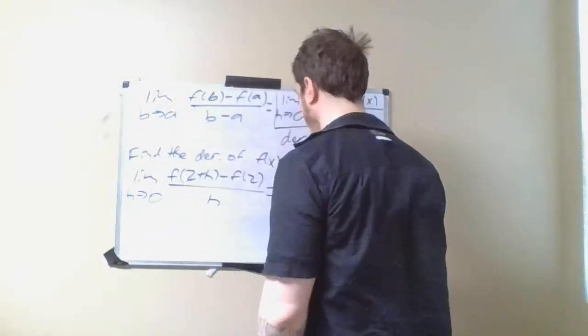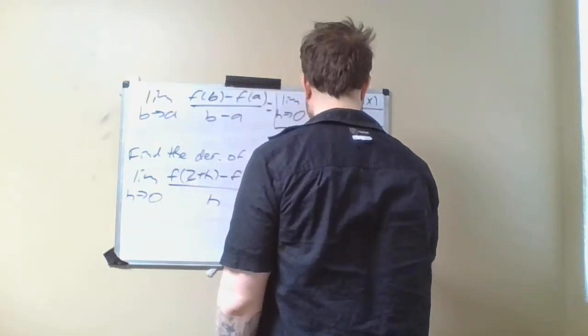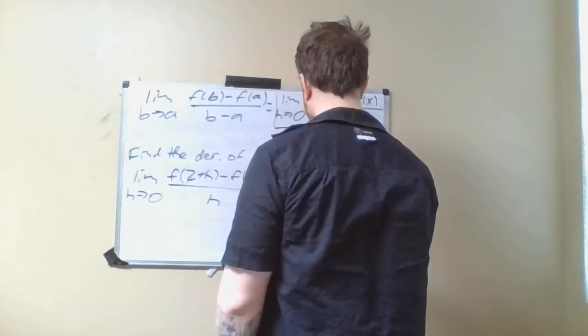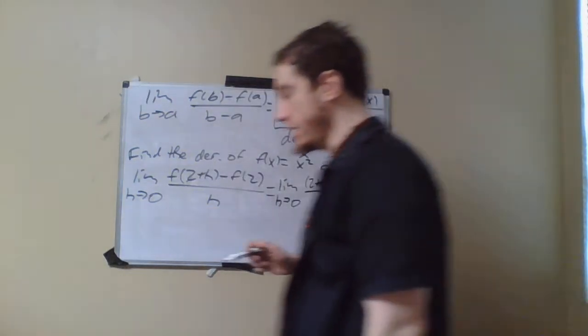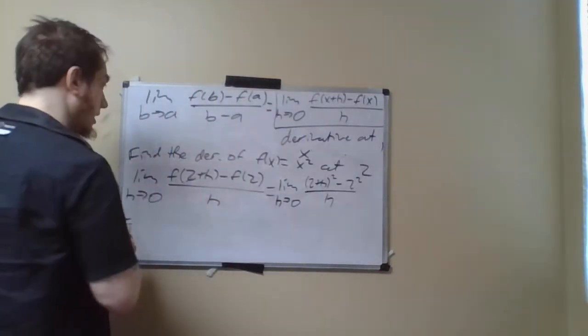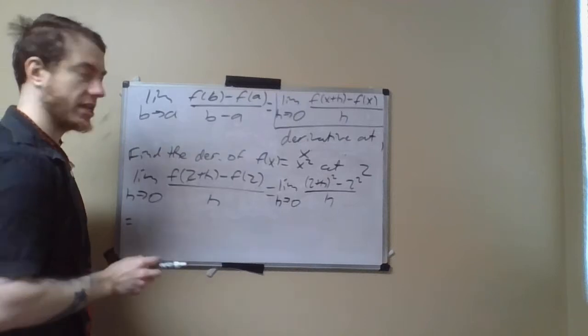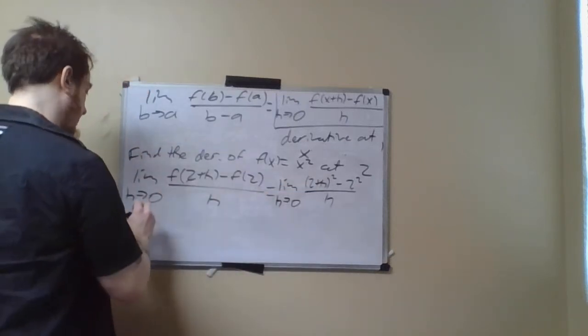Limit as h goes to 0, then we're going to have (2 plus h) squared minus 2 squared, all divided by h. Okay, now we have to simplify this out. Now here's where things are going to get not super messy, but they might get a little long. We have to expand this using the formula for perfect squares.